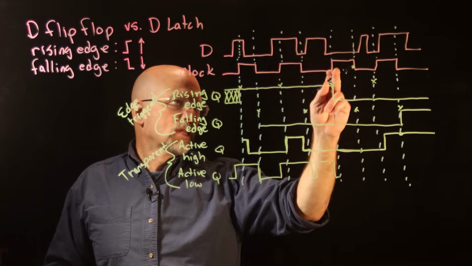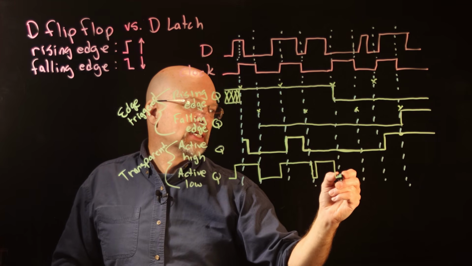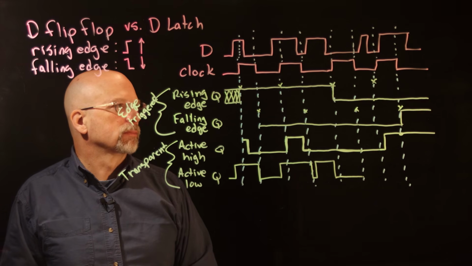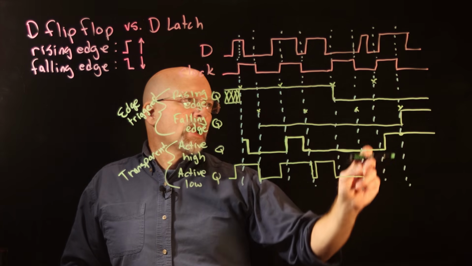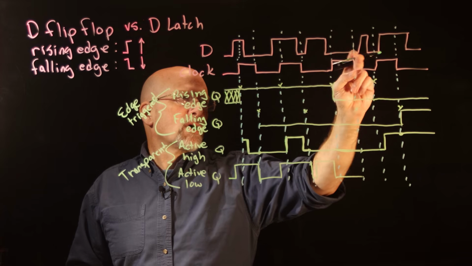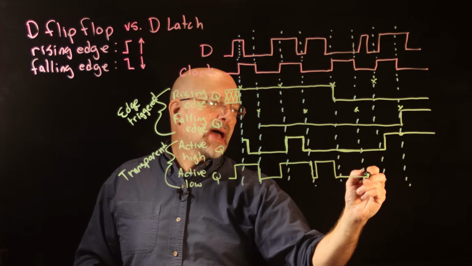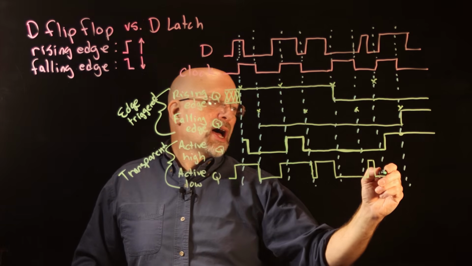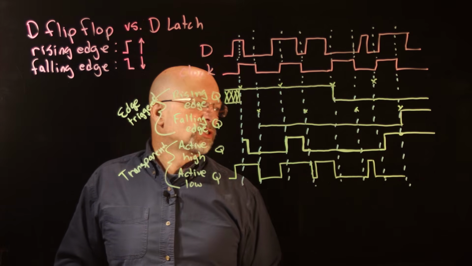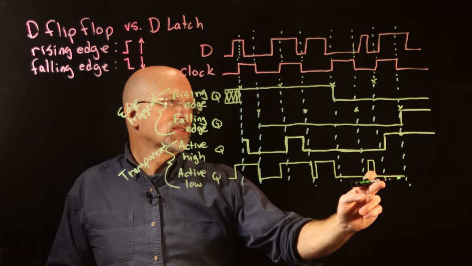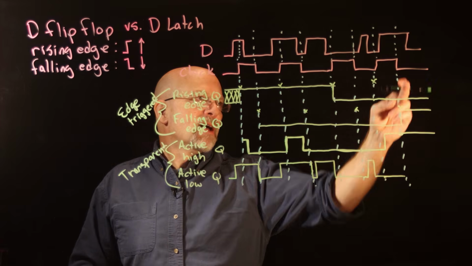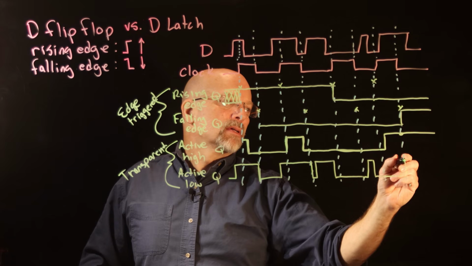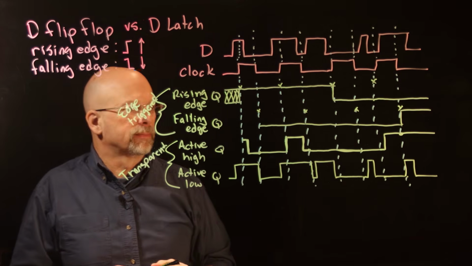And then whenever the clock goes high on this active low D latch, we're just going to go ahead and hold on to the last value of Q. Then for this period right here, where the clock is a 0, that little short pulse gets mapped to Q. Clock goes high, we stay a logic 0, whatever that last value was that was latched. And then the clock goes low right here, and we have this high to low, and so we map that down to Q.